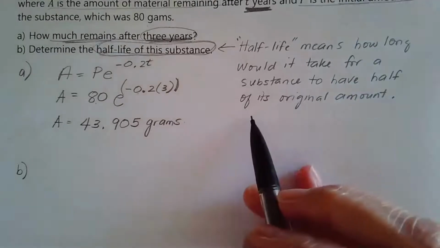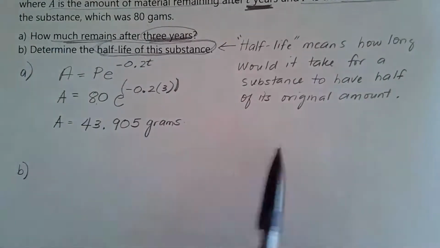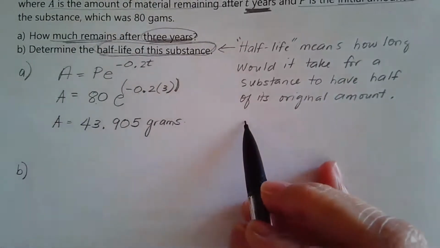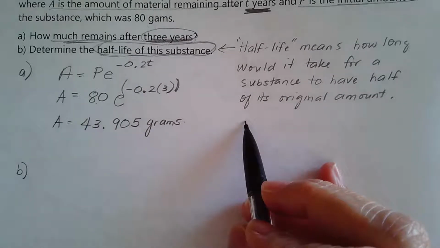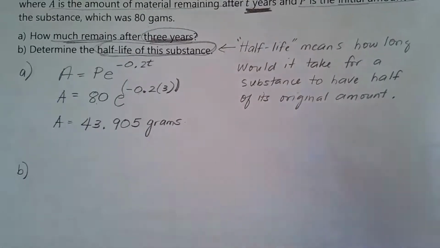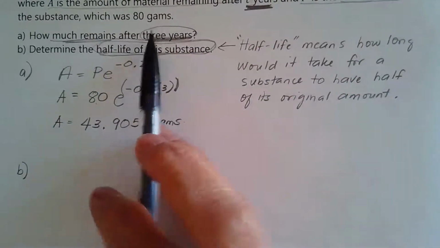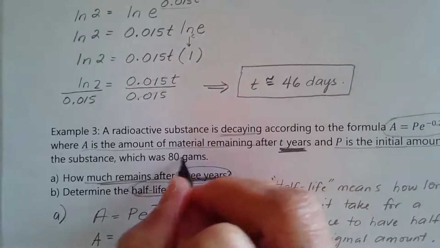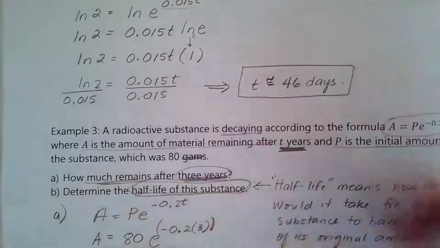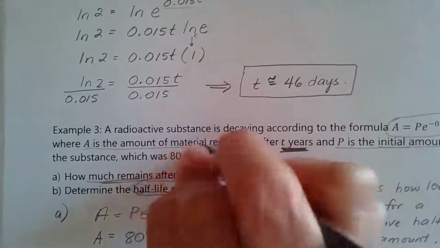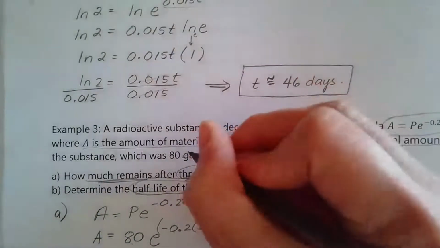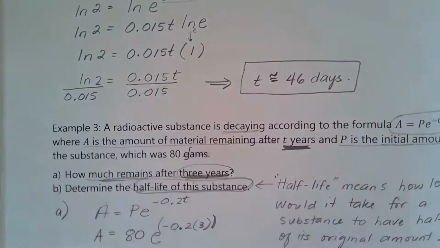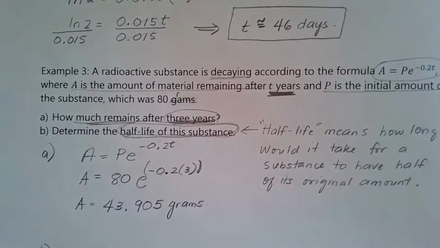So for example, if you started off with 100 grams, how long would it take to become 50 grams? It's supposed to be grams, I forgot the R. Half of the original amount.